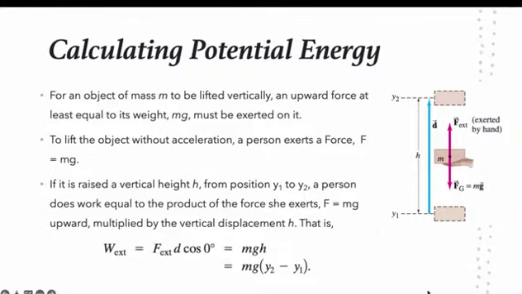The force and the displacement are in the same direction, so the angle between them is 0. The force that I need is the weight. This is F, and this is the displacement. So I am doing an amount of work equal to mgh.